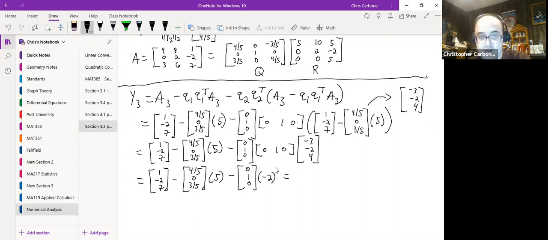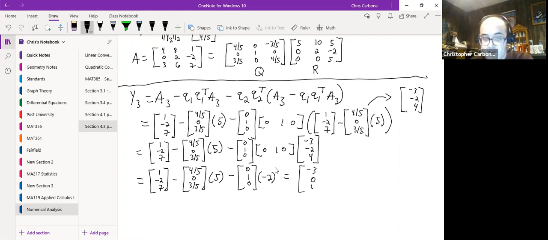So now when we go to solve this, we obtain 1 minus 4/5 times 5 minus 0 times negative 2. That will give us a value of negative 3. Negative 2 minus 0 times 5 minus 1 times negative 2. That will give us 0. Then 7 minus 3/5 times 5 minus 0 times negative 2.